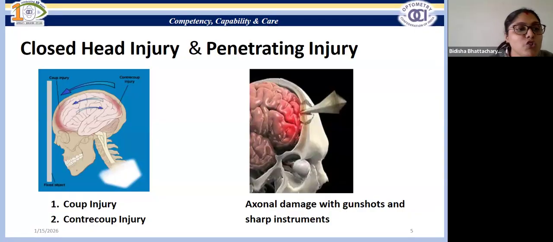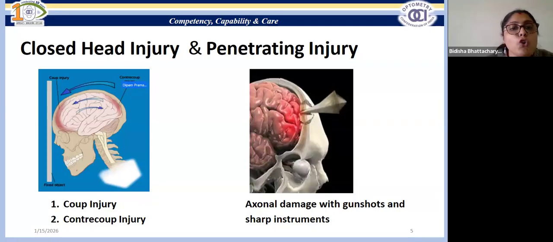Acceleration or coup injury occurs when an object in motion such as a gun or fist strikes the head, or when a head in motion strikes a stationary hard object.